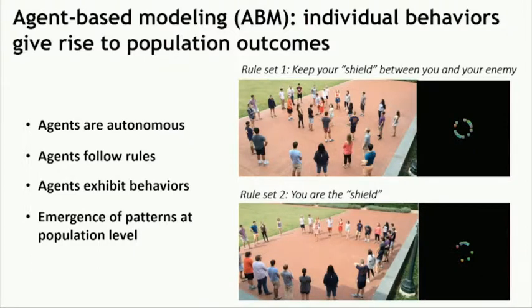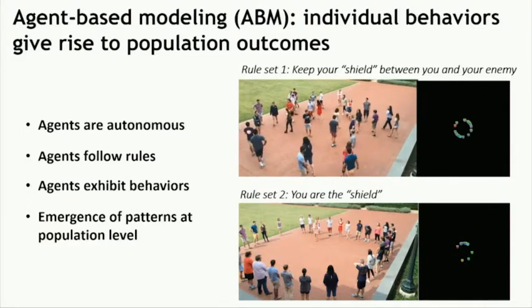And so in the first example, I give them a very simple rule, which is that they have to identify 2 other people in the population, and they have to call one of them their shield, and the other one is their attacker, and they have to move in such a way that they keep their shield between themselves and their attacker. And when they do that, undergrads are very good at following rules at UVA.